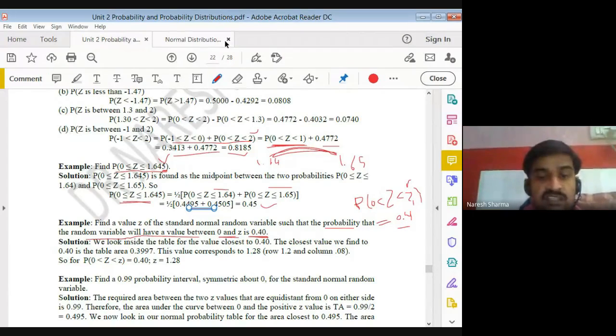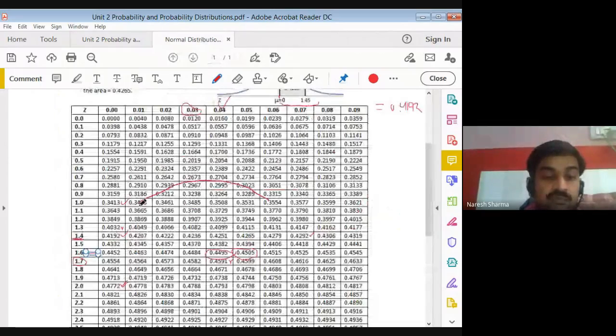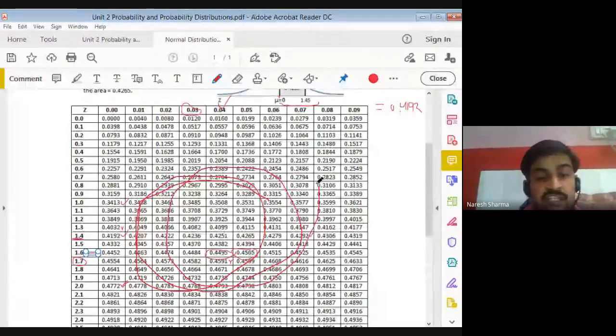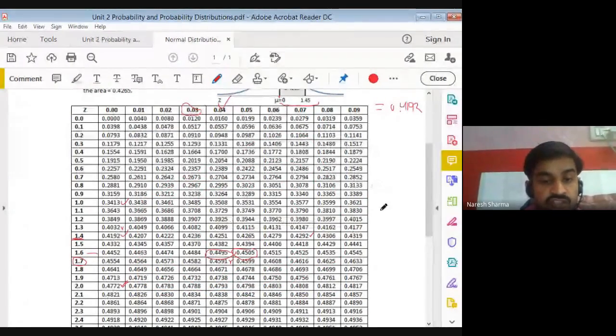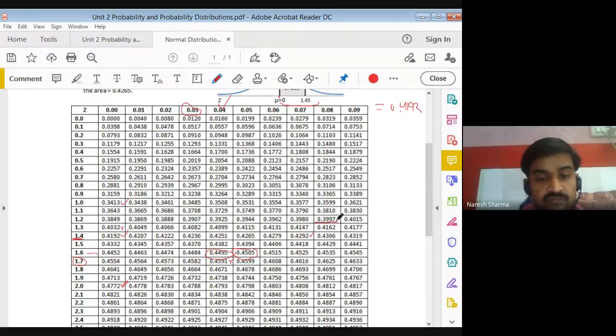So we just check the answers in the table. We need to check which value is nearest to 0.4. So if you see the table carefully, you can see this value is 0.3997, and this is 0.4015. This is closer to 0.4. So we prefer this one, right?